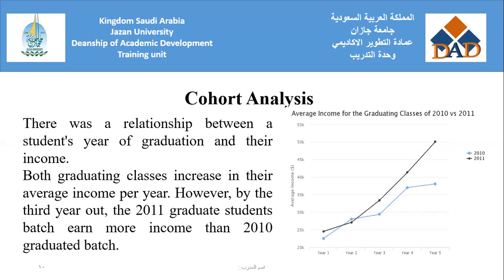Whereas observing the other cohort, the 2011 cohort, the average income is increasing more than the 2010 graduate batch students. So what I understand here is that the two batches are there, and the 2011 graduated batch students are earning more income than the 2010 students. This type of analysis we can get by comparing different cohorts.